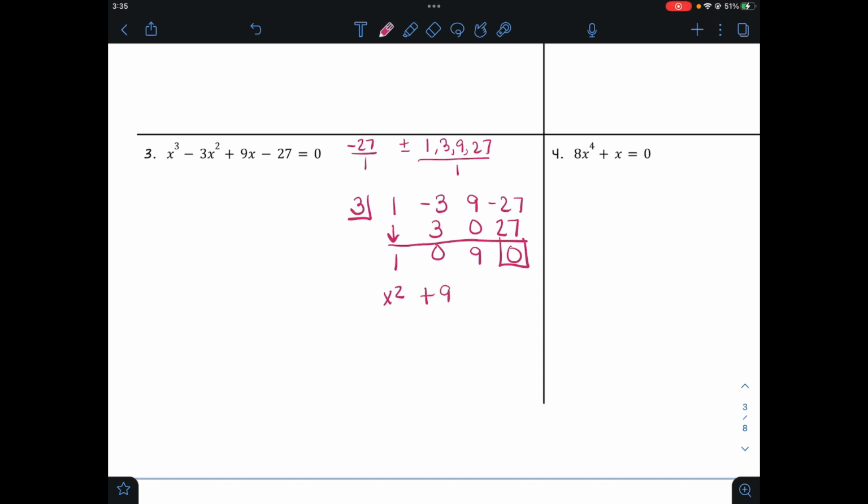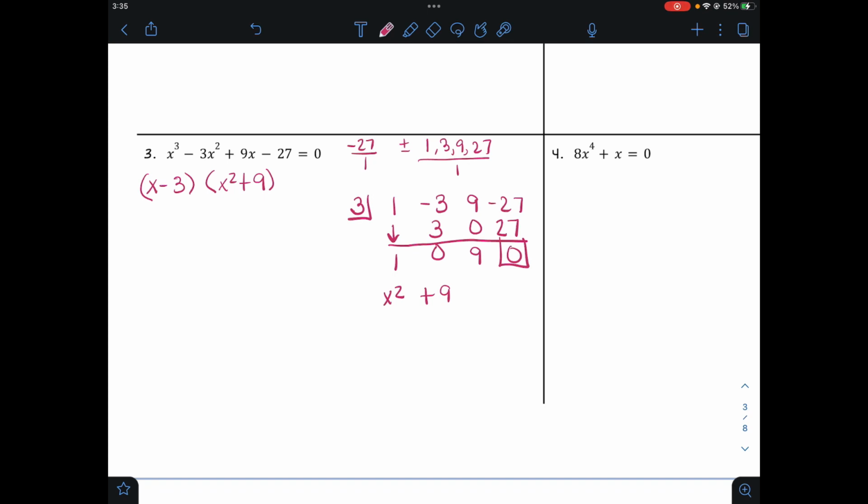And so that would be another factor. The factor that we found, the 3, if we write that as a factor, that's x minus 3. So this one is x squared plus 9. And then we would have to solve both of those. And so x squared plus 9 would have to go a little bit further into solving because it's going to get to an imaginary number.